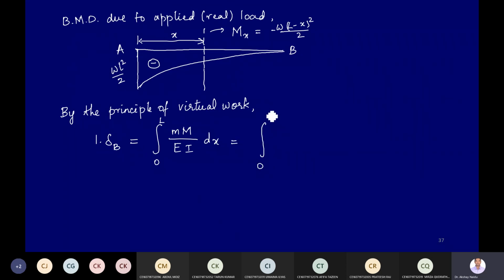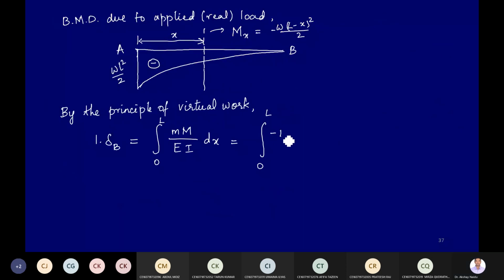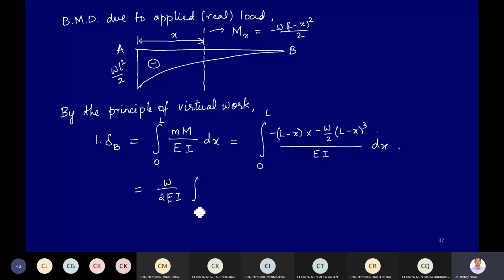So we have the integral from 0 to L. Small m is minus of L minus X. Capital M is minus W by 2 into L minus X whole square, upon EI. So minus minus becomes plus. You have W upon 2 EI into the integral from 0 to L of L minus X the whole cube.